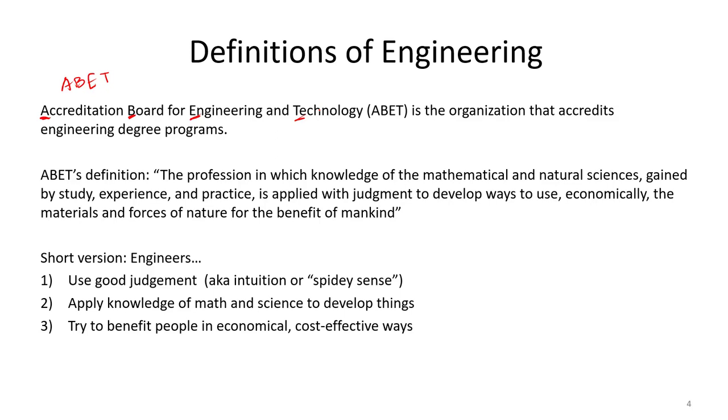ABET defines engineering as the following: Engineering is the profession in which knowledge of the mathematical and natural sciences, gained by study, experience, and practice, is applied with judgment to develop ways to use economically the materials and forces of nature for the benefit of mankind.